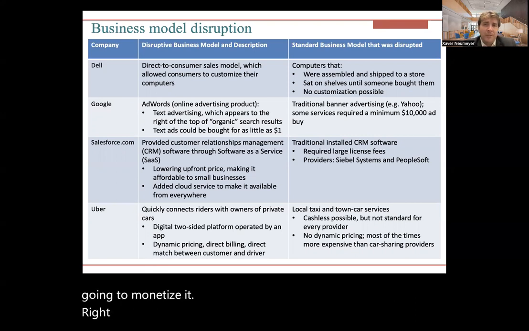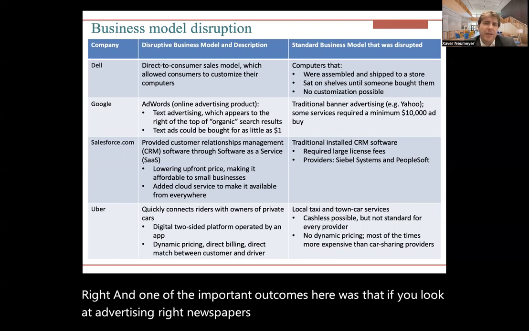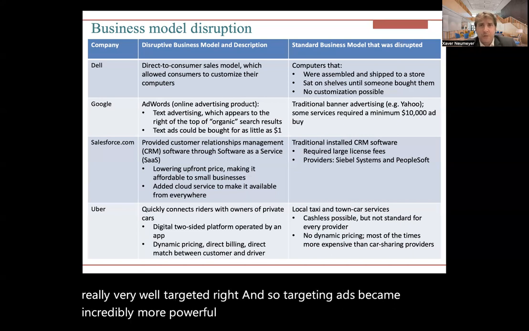And one of the important outcomes here was that if you look at advertising, right, newspapers, TV, et cetera, typically they're not really very well targeted, right? And so targeting ads became incredibly more powerful with digital technologies, right? And the internet, of course.